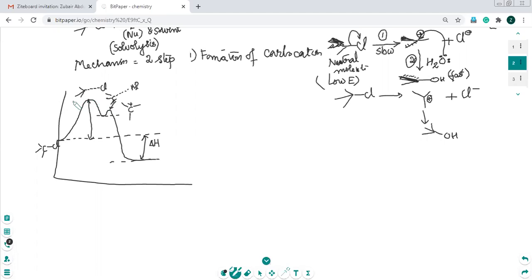So transition state number 1 and transition state number 2, TS2. And what about this one? This is the intermediate carbocation. And the overall energy of the reaction is delta H. This is the first activation energy, and this is the second activation energy. So this is the energy profile diagram of an SN1 reaction.